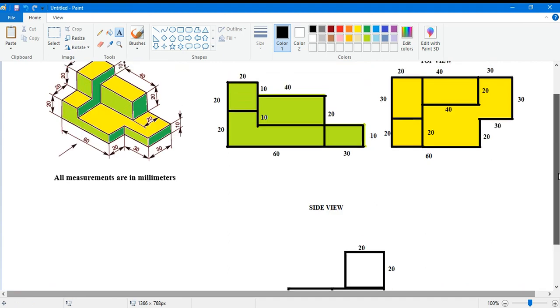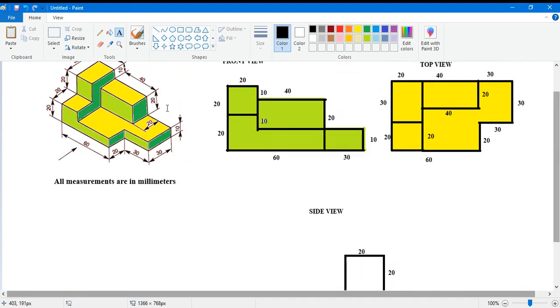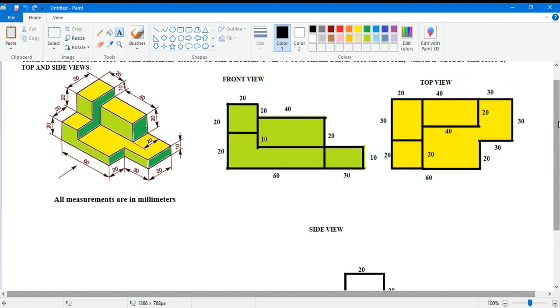Okay, so we have this part already, so I am left with this one here. What will be the measurement for this one? So I have 10 going up, I have 30, you see here, I have 20, I have another 20, and finally this part here is gonna be 10.